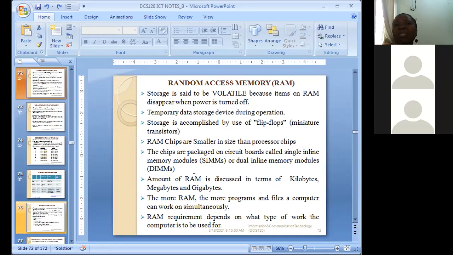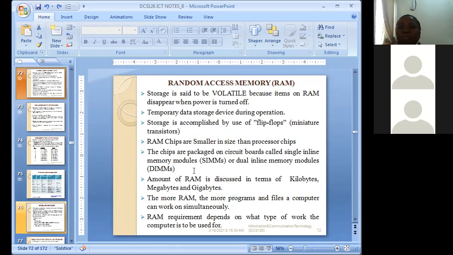That's the memory that is given to you to use whenever you are working on your computer. Anytime you are working, RAM is made available to you, okay? If you understand that, it will help us in anything else I'm going to explain.